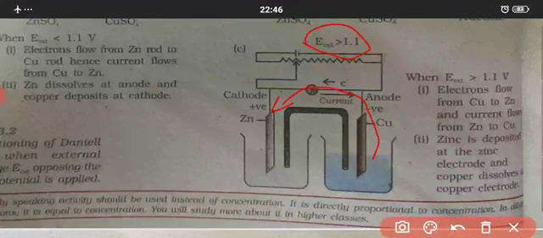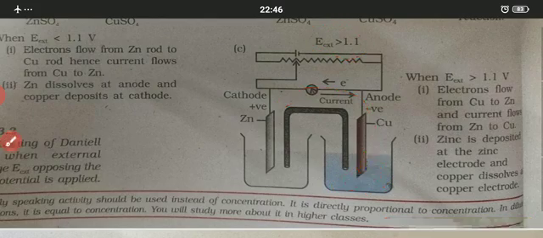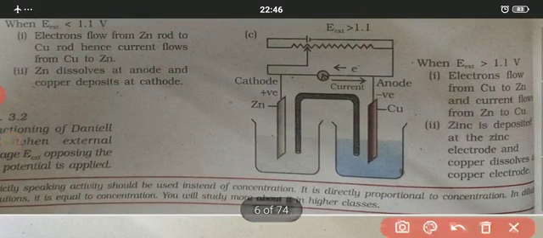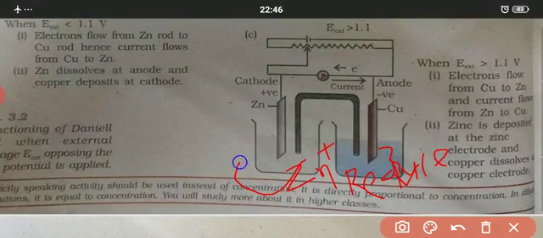At that time the copper electrode gets dissolved and corrodes, which means the amount of copper electrode is reduced here, while at the same time Zn plus 2 from the solution of the other beaker is deposited on the zinc electrode, so the amount of zinc electrode is increased.